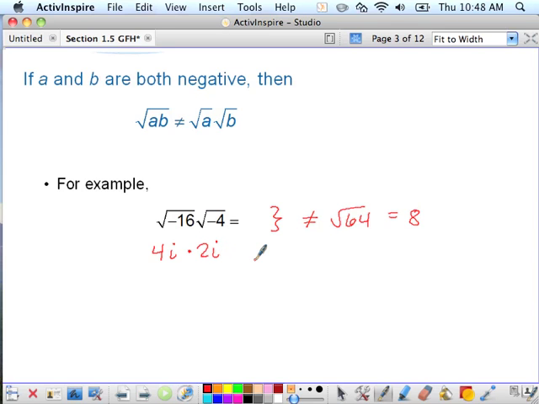And then once you've cleaned those up and taken the i's out, now you can multiply them together and say that 4i times 2i is 8i squared. And i squared is the same as what? -1, which is -8. So see, if you try to multiply them before you start simplifying, taking the i's out, you'll get +8. But we know that the answer is actually -8. So be really careful with that as we start to work through these problems.